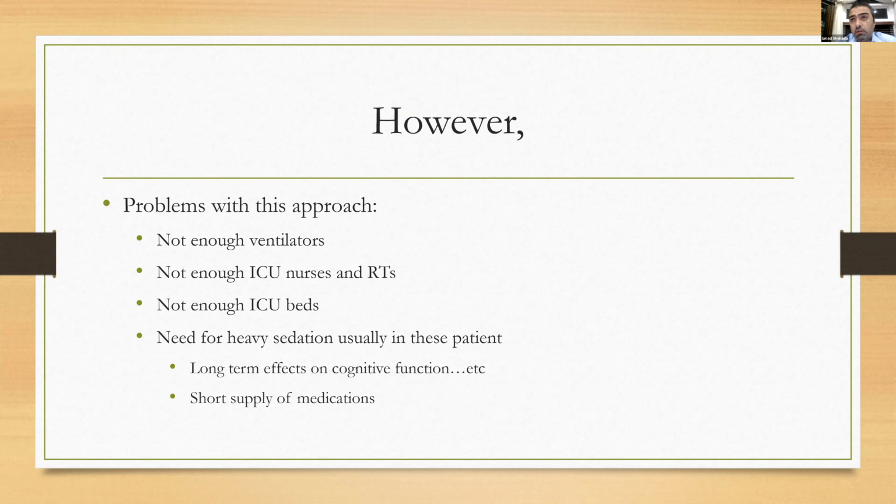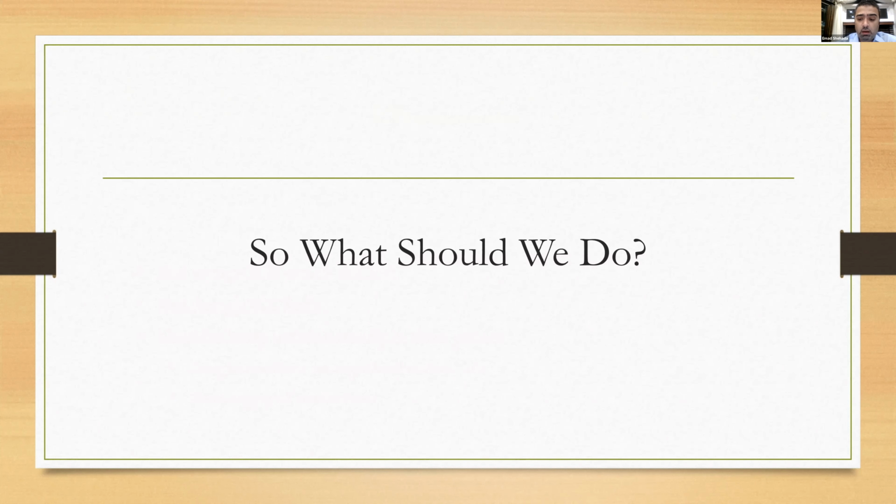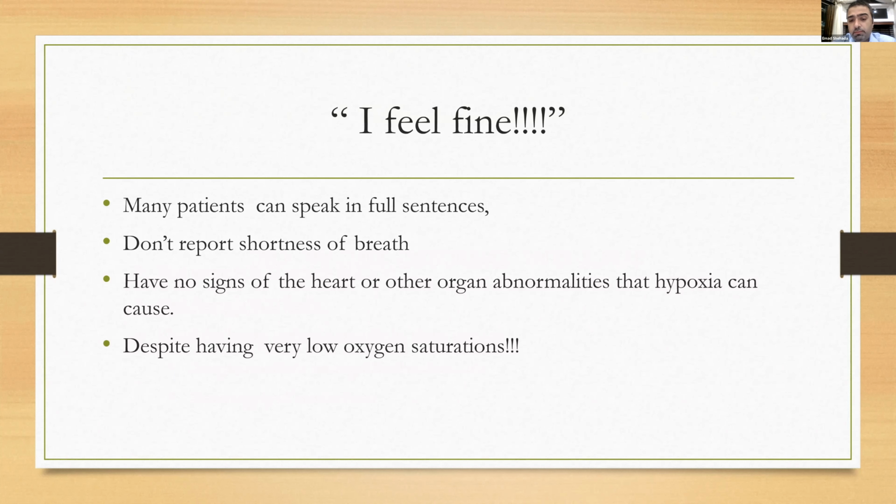We also noticed that the pharmacy was running short of medications to sedate these patients very quickly, and we started depending on oral medications to provide sedation and analgesia for some of them. So we had to do something different. What we were doing was not working, and we would be put in a very tough situation if we continued with the same approach. What should we do?